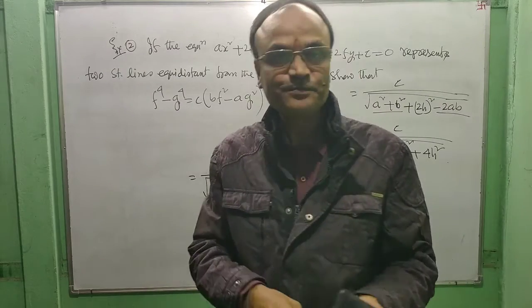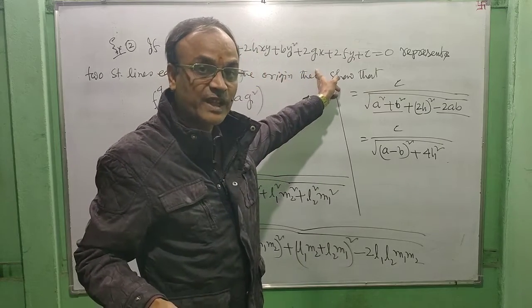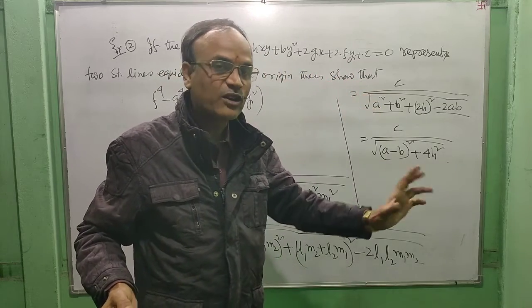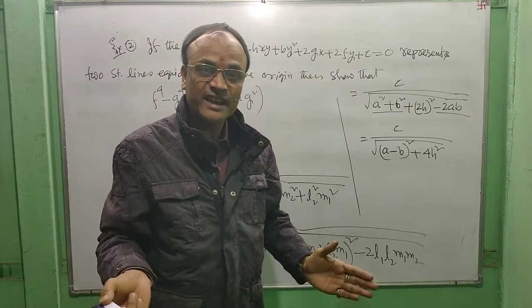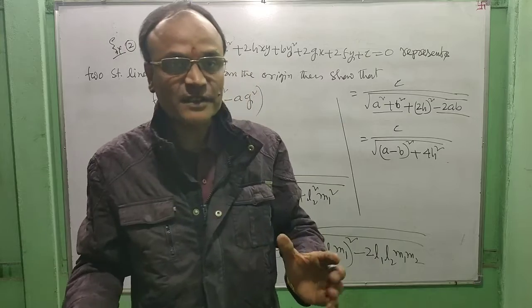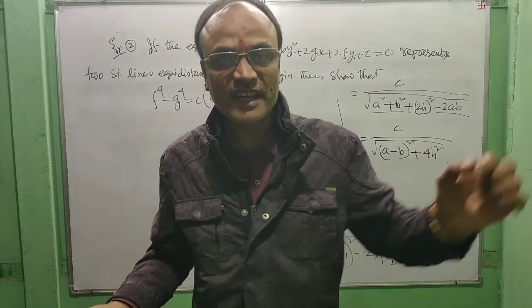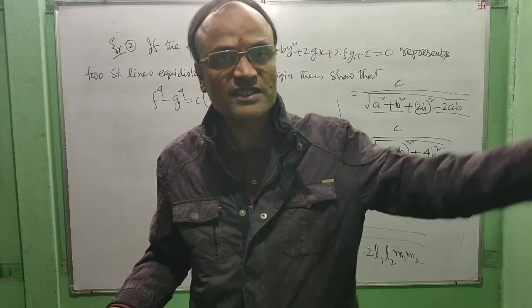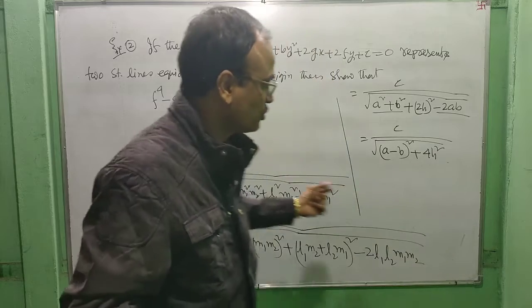We are given that this general equation of second degree represents two straight lines such that the perpendicular distances from the origin on these straight lines are always equal. Then we have to prove this.